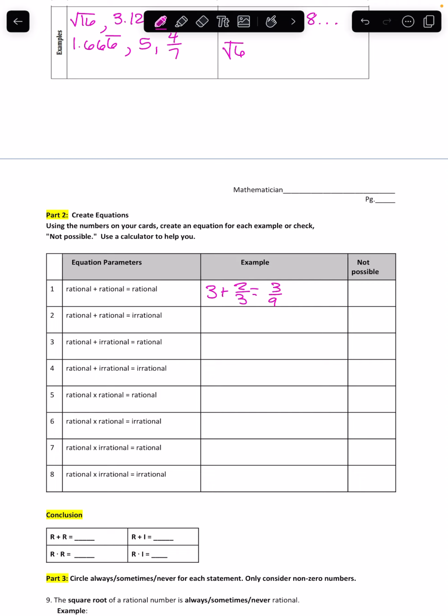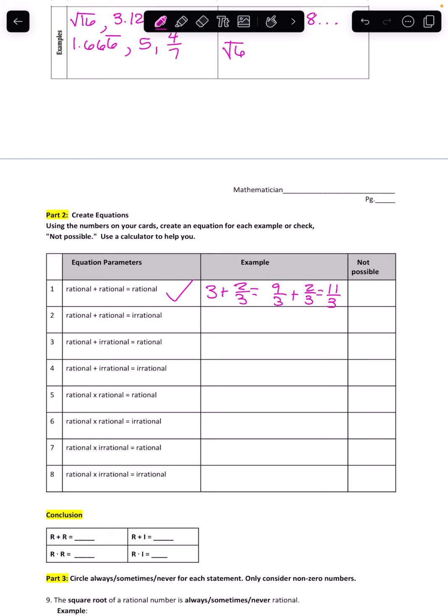Let's start over. I can change the 3 to 9/3, so I multiply by 3. 9/3 plus 2/3 is going to give me 11/3, which is an improper fraction, but it is rational. So this one checks out.